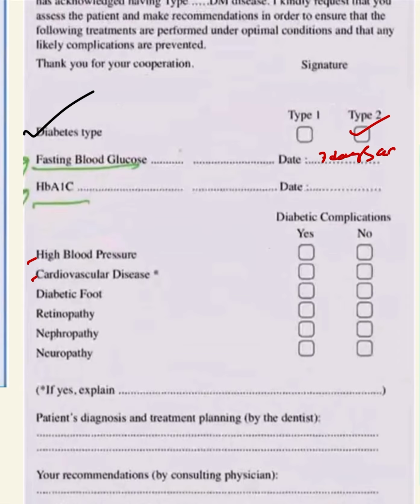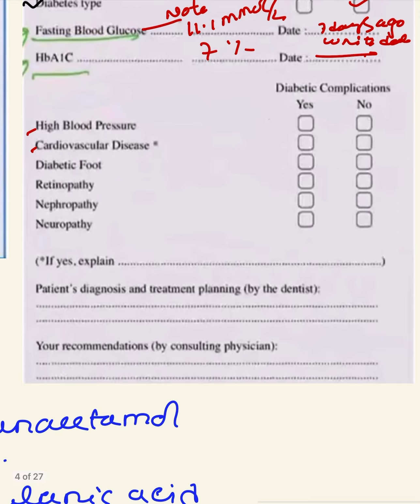Note the date, and then note the blood glucose level, suppose 11 mmol per liter, and HbA1c like that. Mention the date when it was done, and then ask about diabetic complications or other associated comorbidities. If the patient has any, just note them.